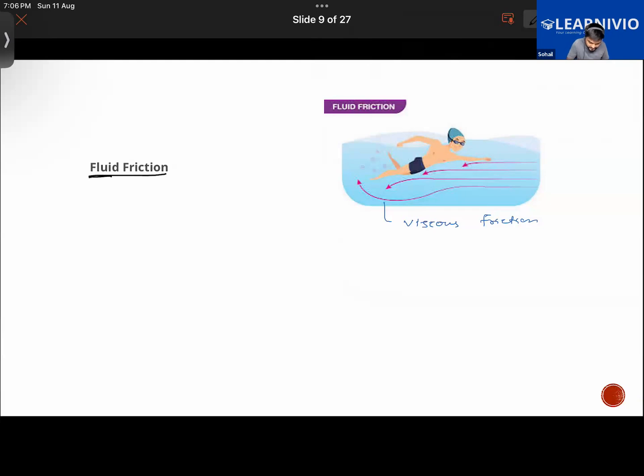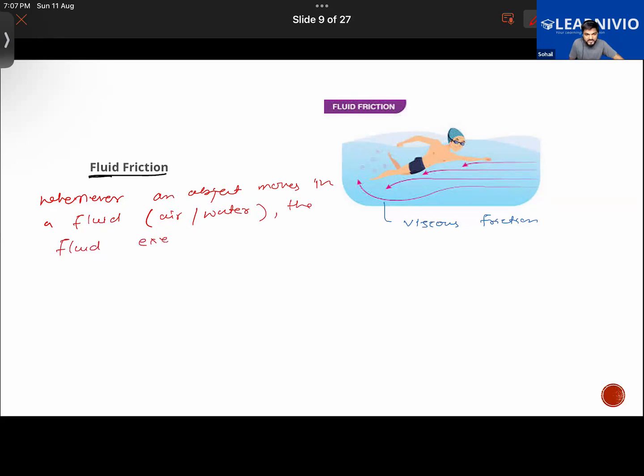So talking about fluid friction, whenever an object moves in a fluid, fluid is air or water, the fluid exerts a friction.